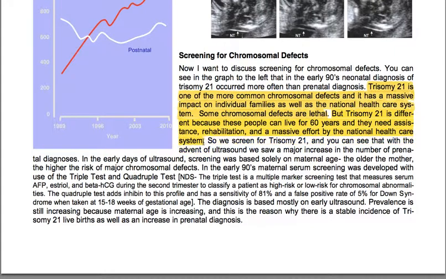So we screen for trisomy 21, and you can see that with the advent of ultrasound we saw a major increase in the number of prenatal diagnoses. In the early days of ultrasound, screening was based solely on maternal age. The older the mother, the higher the risk of major chromosomal defects. In the early 90s, maternal serum screening was developed with the use of the triple test and quadruple test.